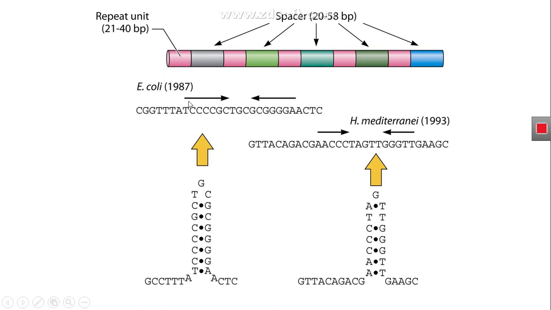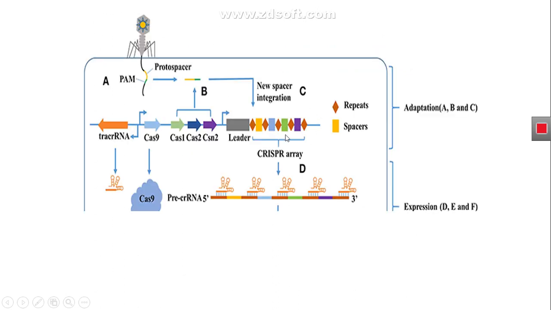Later, during the 90s, they found that these spacer sequences are not identical sequences, but unique. And later, in the 2000s, scientists found that these spacer sequences actually come from bacteriophage DNA, meaning these spacer sequences are foreign DNA that has somehow been integrated into the E. coli DNA.